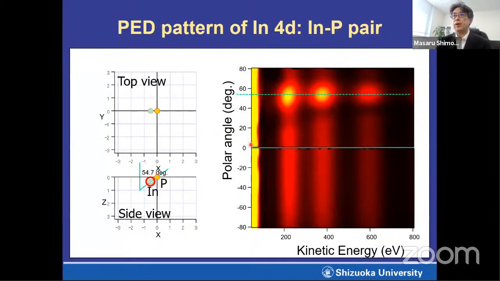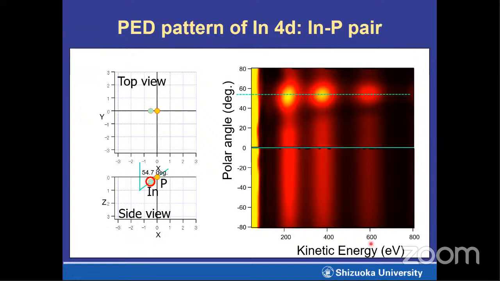And this is a very simple pattern of indium 4d, with just a single indium and phosphorus atoms located like this. And this is the result of the photoelectron diffraction pattern. The vertical axis is the detection angle from the surface normal, where 0 is the surface normal. And the horizontal axis is the kinetic energy.